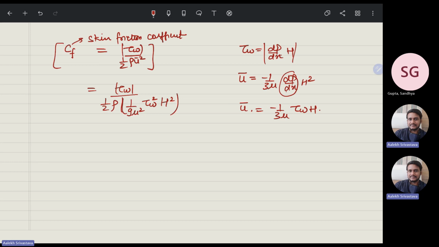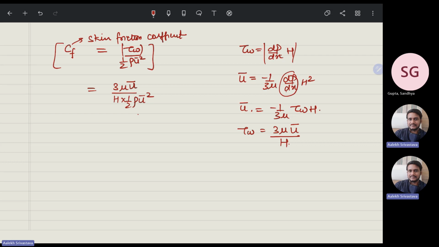Or I should write in the velocity term: tau wall is equal to 3 mu u bar divided by h. I should substitute this way because we need the velocity component, not the shear stress component. So it is 3 mu u bar divided by h into half rho u bar square.